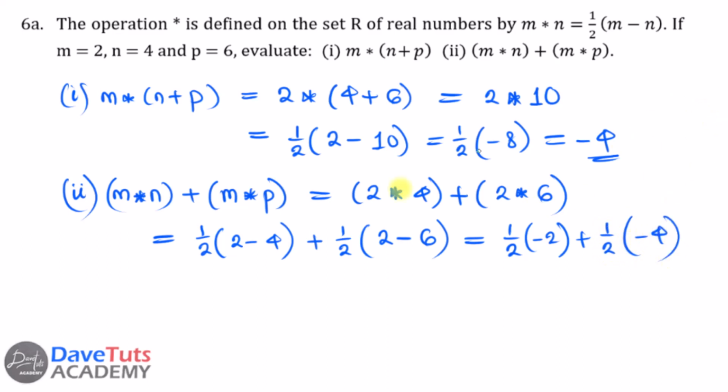So we can just cut, and that will give us minus 1, okay, then plus minus 2. Here, the negative sign and the positive sign will multiply to give a negative sign. So this will be minus 1 minus 2, which is nothing but minus 3. So these are the answers that they are requesting of us. And once you're able to get this, you are good and fine. Your full mark is assured, right?